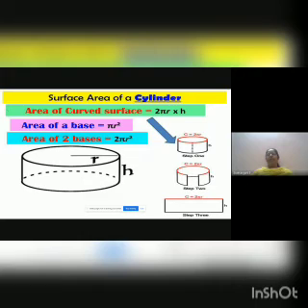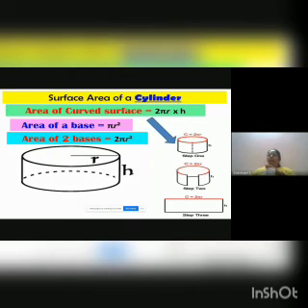How did we get this? See, the area of the base. Base is in which shape, children? It is in a circular shape. So what is the area of a circle? It is pi r square. How many circles do you have? One on the top, one at the bottom. So you have two circular shapes here, and the area of the two circular shapes is 2 pi r square.